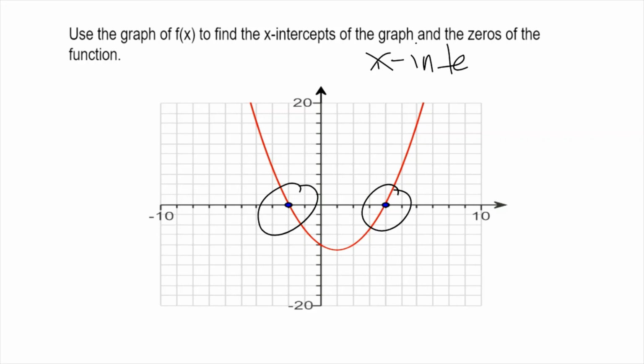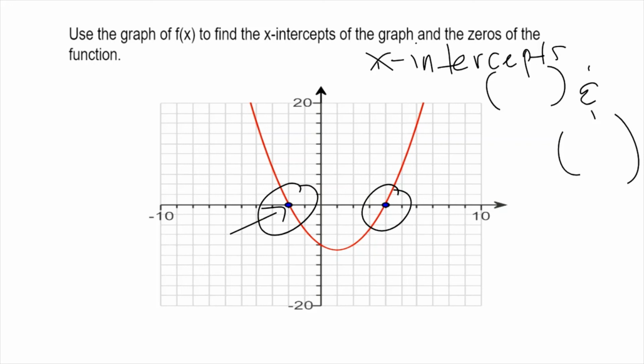And the x-intercepts are where y is 0, or where the graph touches the x-axis. And at that point, y is 0. So it looks like 1, 2, I would say this is negative 2. It could be 1, 2, 3, 4, and I'll make that a positive 4. So it looks like my x-intercepts are negative 2, 0 and 4, 0.